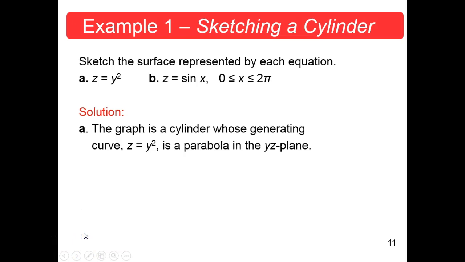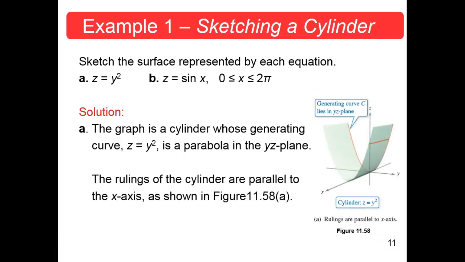So the first is the cylinder with generating curve z is equal to y squared, a parabola in the yz plane, and there it is. Now they don't just say, or I don't think they meant, well maybe they did mean 0 to 2 pi on this one too, because they're showing that it starts at 1/2.